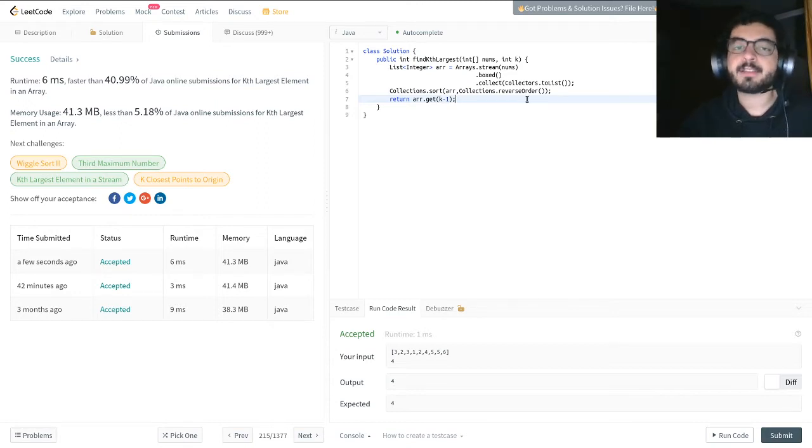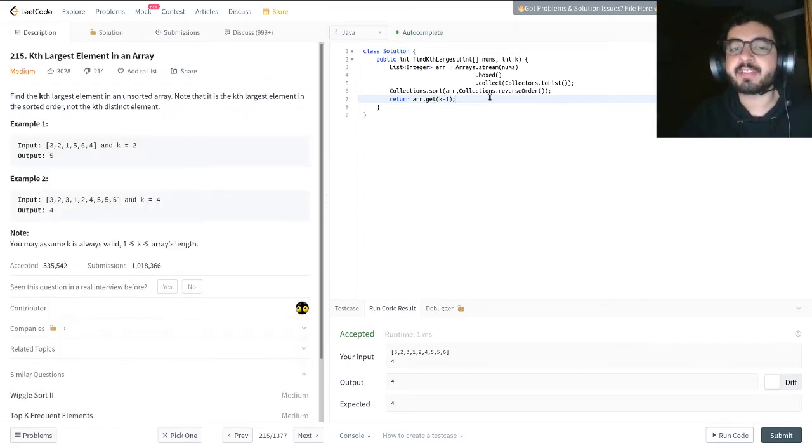As I said before, the sorting approach is not the worst approach, it's not the most brute force approach, but there is a better one, and there is a pattern that could solve a lot of questions that say get me the kth something, get me the top k elements, the most frequent k elements, the most duplicate k elements, the largest k elements. To do that, we are going to need a priority heap.